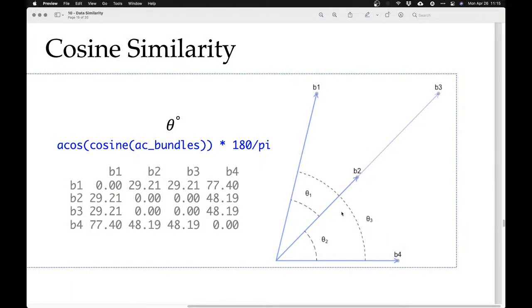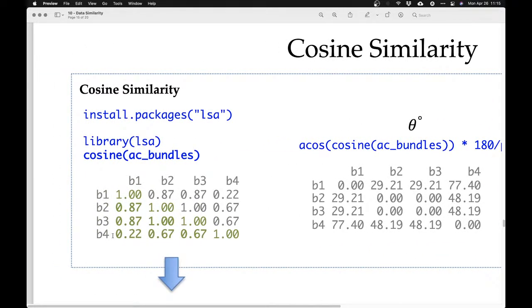Because in this picture, at least, the furthest two bundles can be from one another is 90 degrees, and 90 degrees is half pi. The cosine of that is 0. Bundle 1 and bundle 4 come the closest of any of them to 90 degrees, and its cosine value is about 0.22.